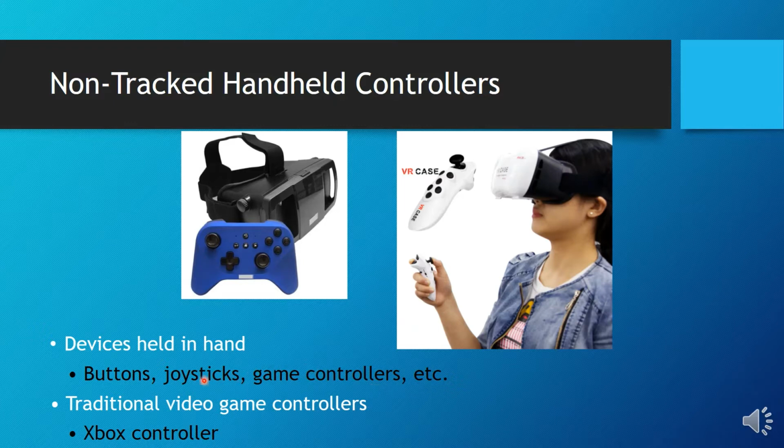I think all the gamers in this class are familiar with joysticks and game controllers, right? Among the traditional video game controllers is the Xbox controller. The Xbox controller, joystick, and game controller all fall under the category of non-tracked handheld controllers. They have no tracking, but can be used to control games and so on.